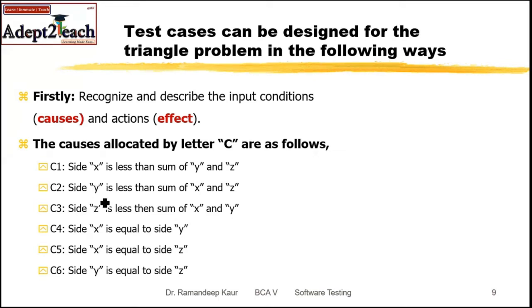Likewise, Y side should be less than X plus Z, and Z side should be less than X plus Y. So if all the three conditions hold true, then the triangle will exist. If any of the conditions stands false, then we will say it is not a triangle. Next condition that we have is X is equal to Y, then X is equal to Z, and Y equal to Z. So these are my 6 conditions.